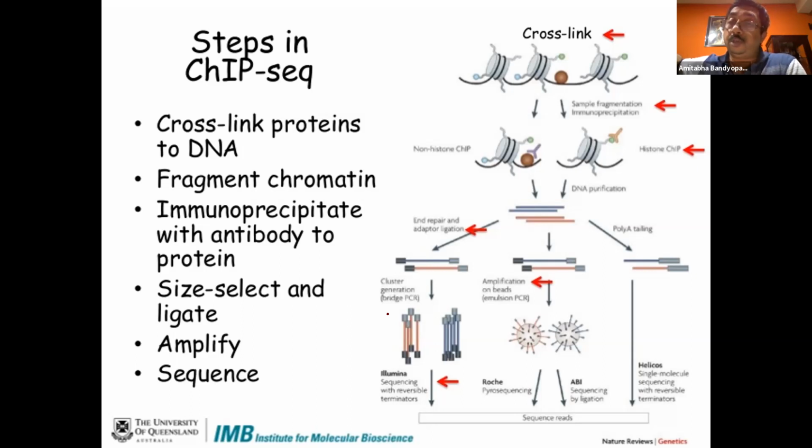But you have to first demonstrate that the fusion transcription factor actually works just like the normal transcription factor. If that is there, then you can use the antibody against the fusion part of the transcription factor.